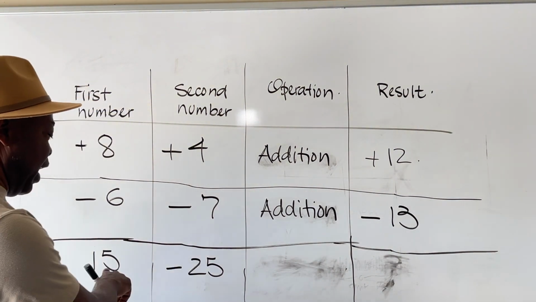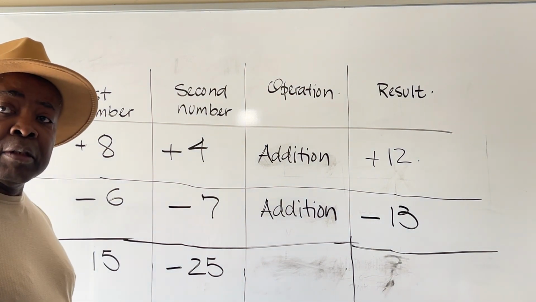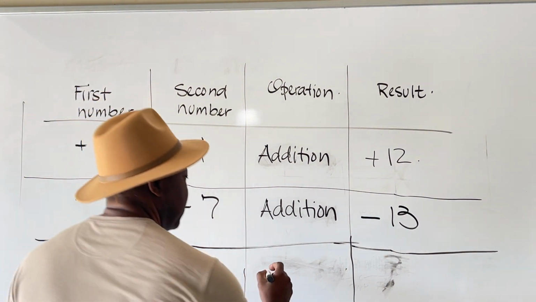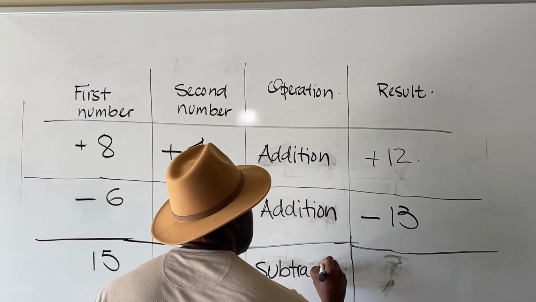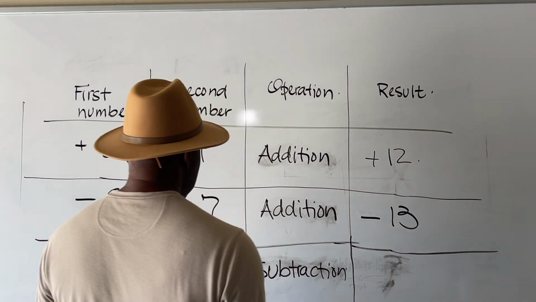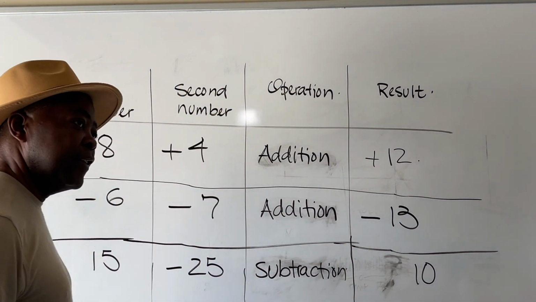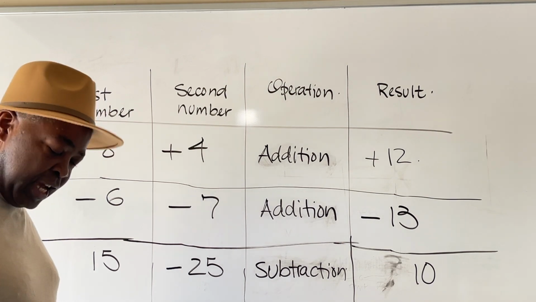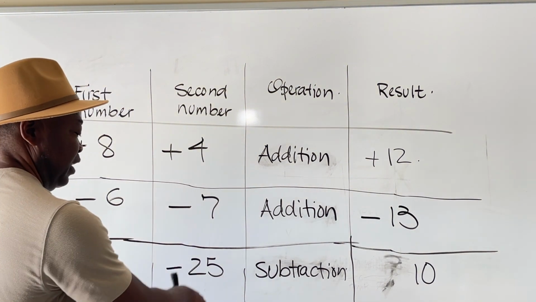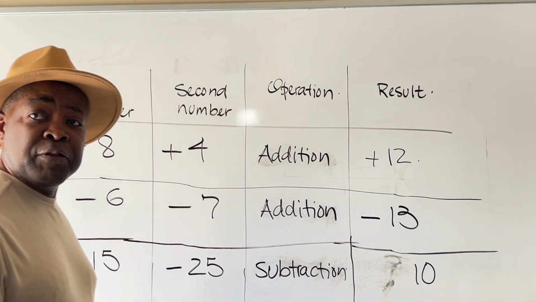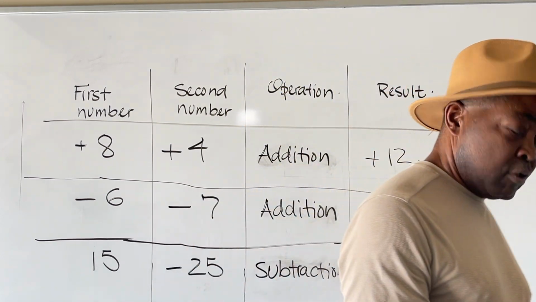Okay, so I subtract. I do 25 minus 15 would be 10. And what's the sign? Negative. How do I know that? Because 25 is the largest number and it is negative. You got it. Congratulations.